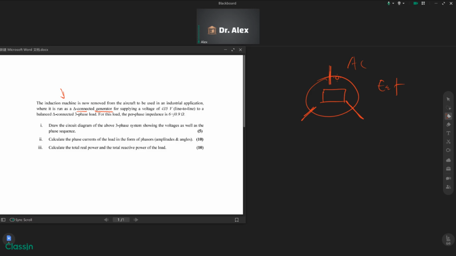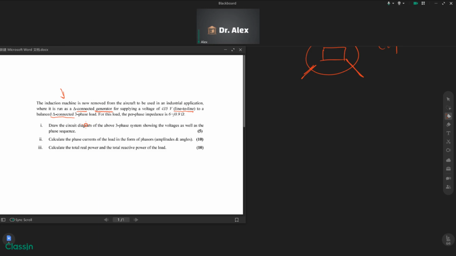Decide which one is rotating faster. Presently, we have an induction generator with a delta structure, and it will supply power with a line voltage of 435 to a delta connected three-phase load.